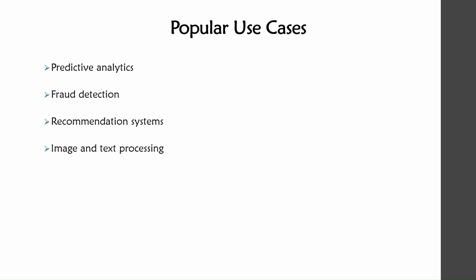Image and text processing. SageMaker is highly effective on tasks involving image recognition, text processing, and natural language understanding. It supports deep learning models for object detection, facial recognition, sentiment analysis, and other advanced AI tasks.